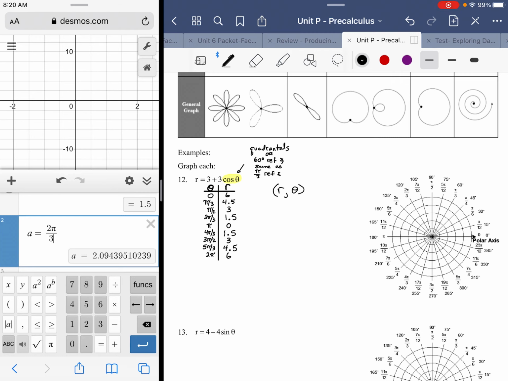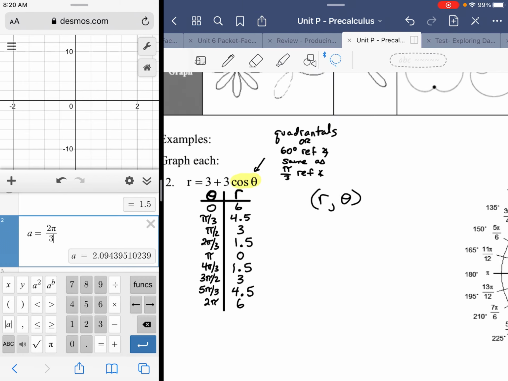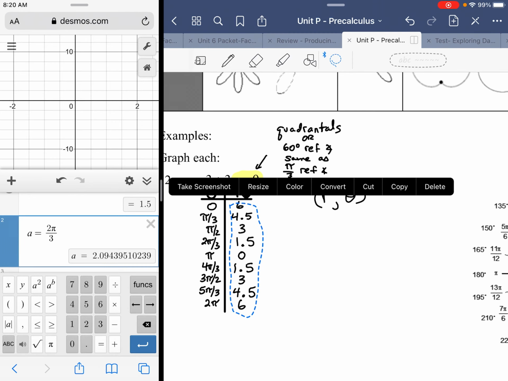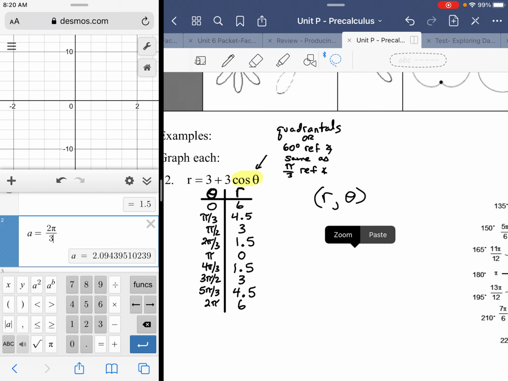All right, so now what we need to do is plot these points. But remember, points are plotted in the form of r comma theta. All right, which is weird because we write them in the form of r comma theta, but we kind of think of it theta first. So the table kind of gives us a better clue as to how we should plot it. But the way we should represent our coordinates would be the r's first, then the theta. It's very strange.